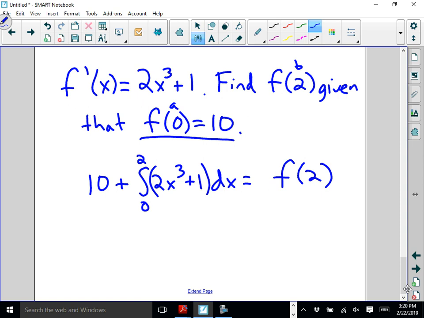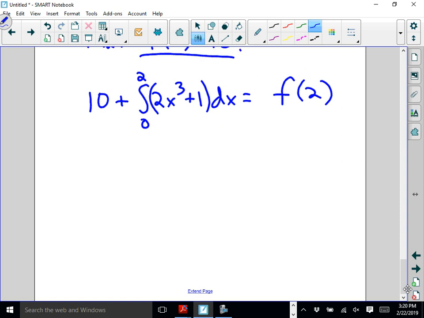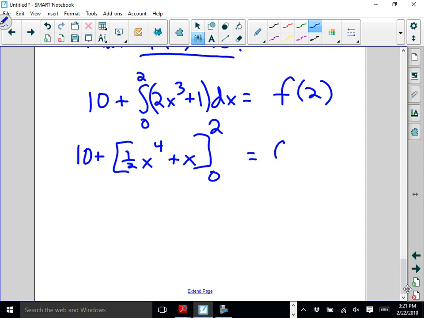Now all I have to do is crank this thing out. And what I don't want to do is forget to keep writing this 10 plus. This thing's ready to antiderive. And I get half x to the fourth plus x as my antiderivative from 0 to 2 equals f of 2. Okay, now I got 10 plus.